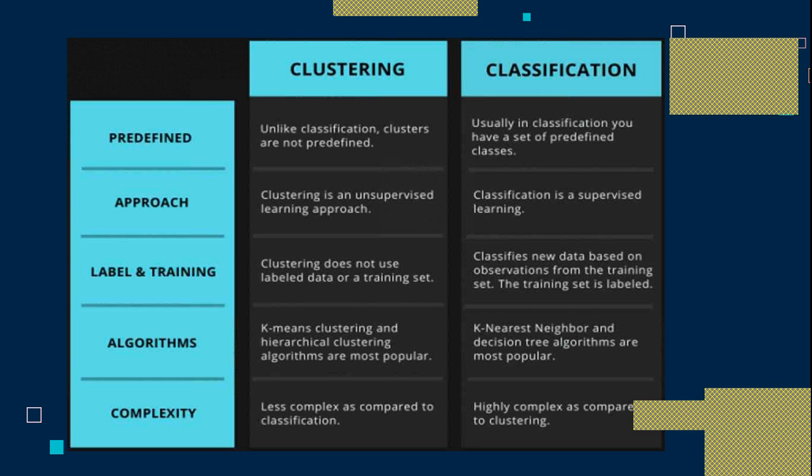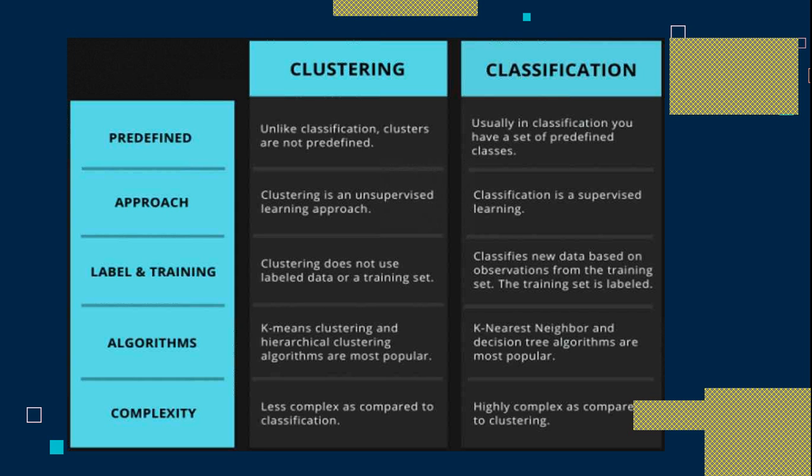Clustering does not use labeled data or a training data set. So here in clustering there is no labeled data, while in classification the data is labeled. The algorithms used in clustering are K-means clustering and hierarchical clustering, which are the most popular.